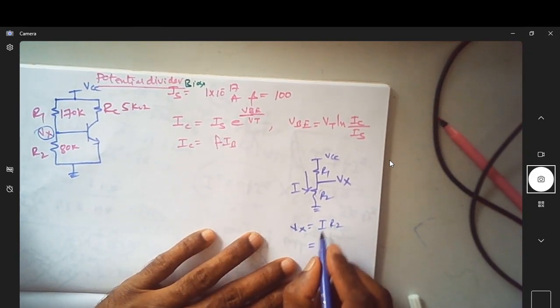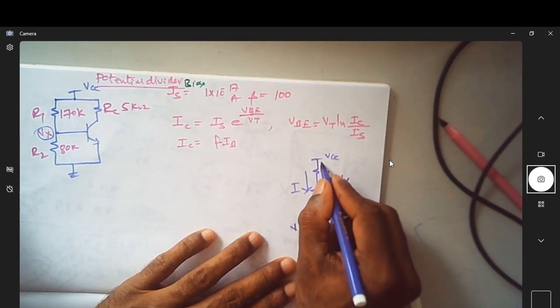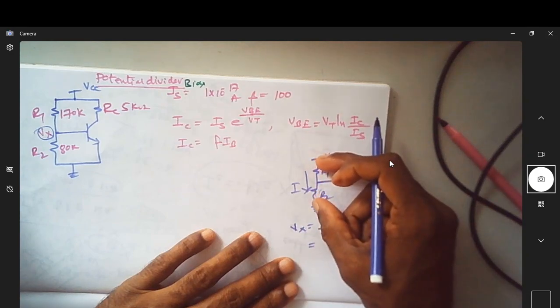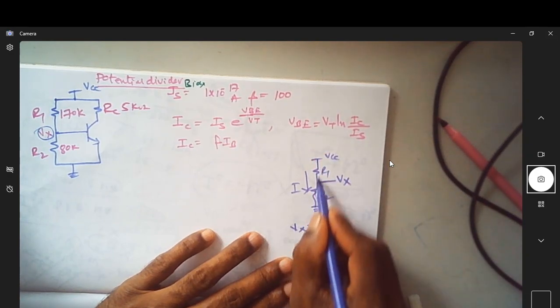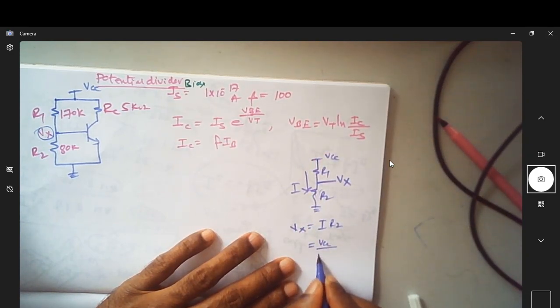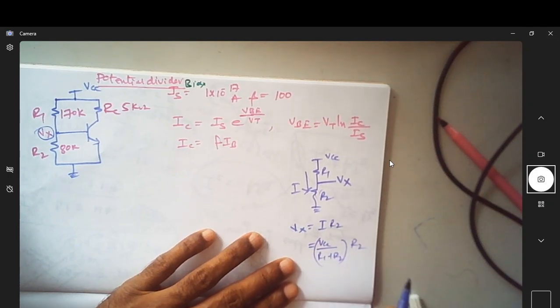Then what is I? I is equal to the overall voltage difference, that is VCC, divided by the overall resistance, so resistance is R1 plus R2. This is current I, this is R2.